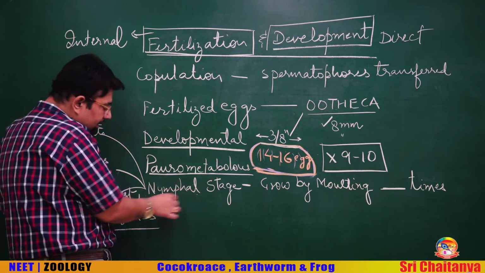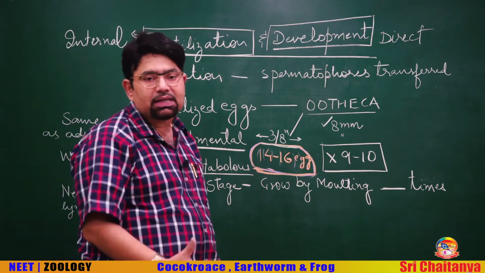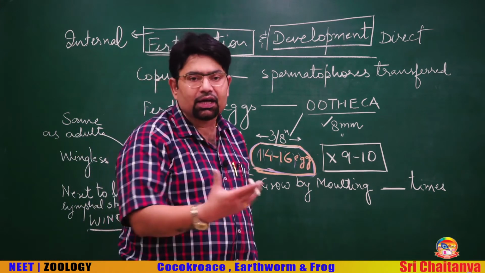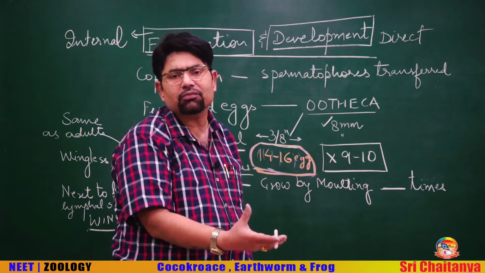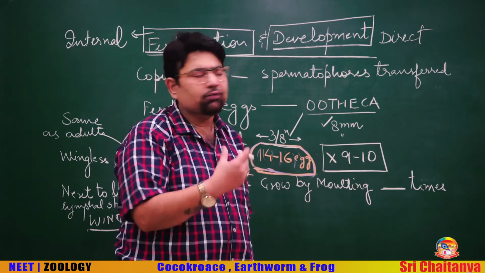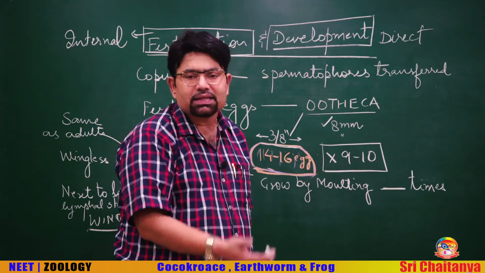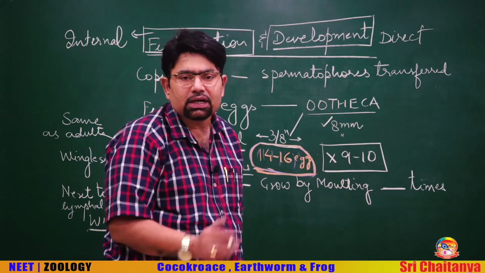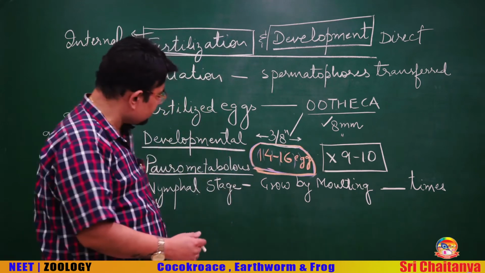Now, the nymphal stage, why are we not calling it a larva? Because it resembles the adult. A larva is different from the adult not only morphologically but also physiologically. A nymphal stage can be imagined like a newborn baby in the case of human beings.